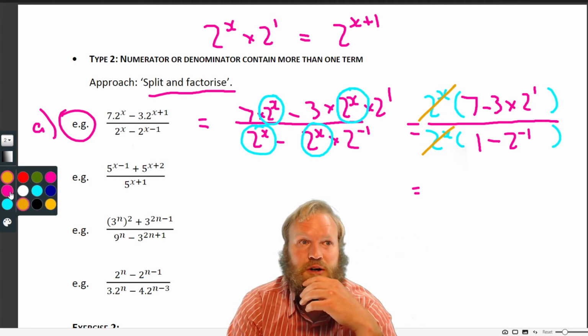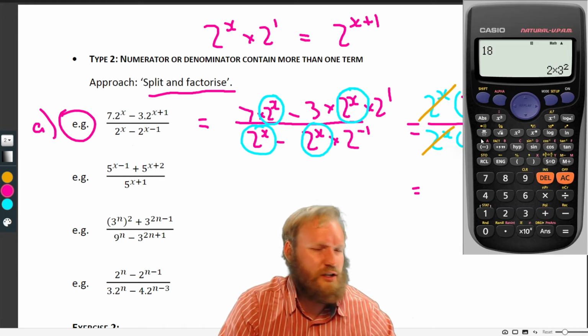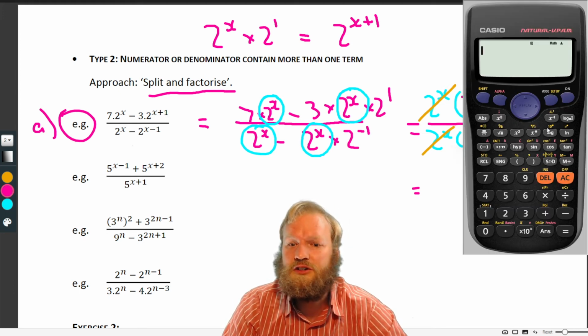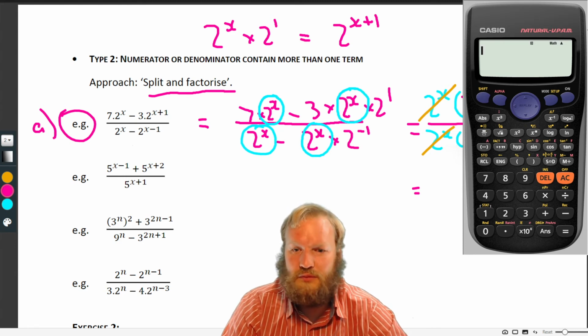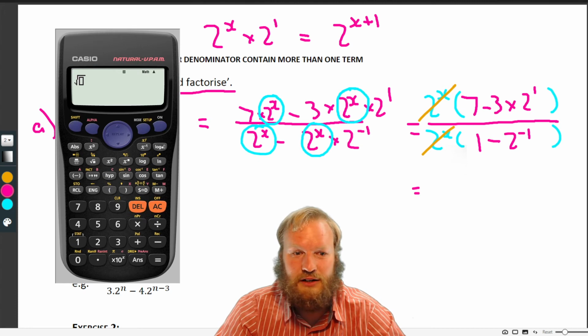We can cancel this stuff here, straight into the beloved calculator. I don't know if I can move this on the fly. Look at that.